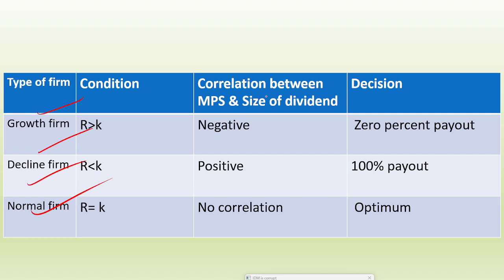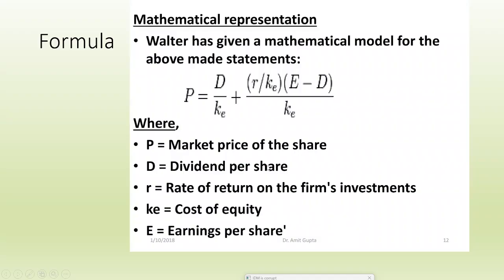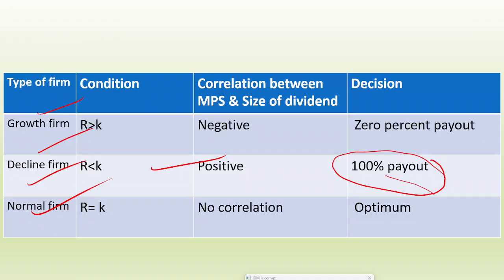Then it will be positive in nature, that is, there will be a positive correlation, and the company will pay out 100% as dividend. In the first case the company had to expand its business so it did not pay any dividend, but this company is not earning much. The motive behind this 100% payout is that the company wants future investors to be attracted to invest in the company.